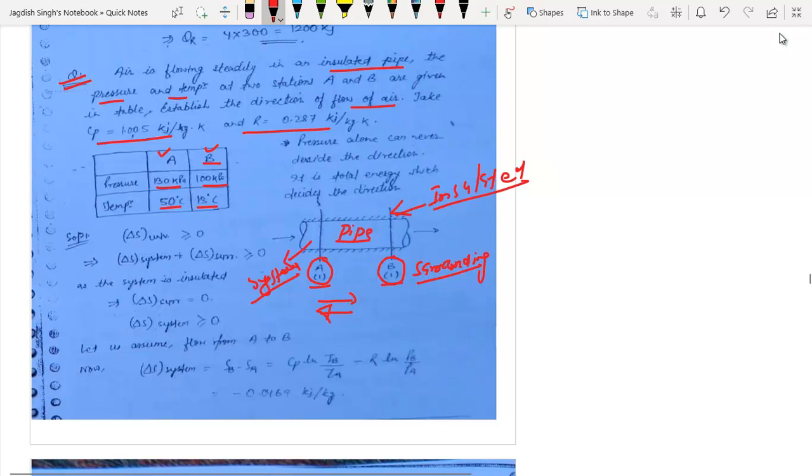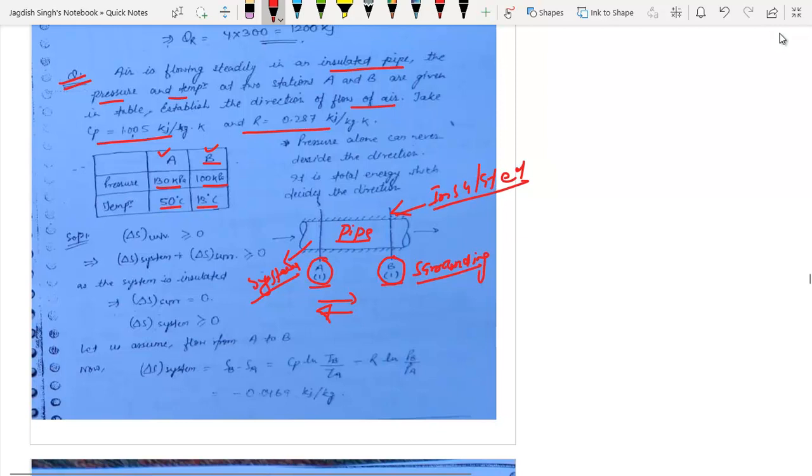The drawback of the first law is that it only states that energy converts from one form to another form, like heat into work. It does not give any direction regarding the process.